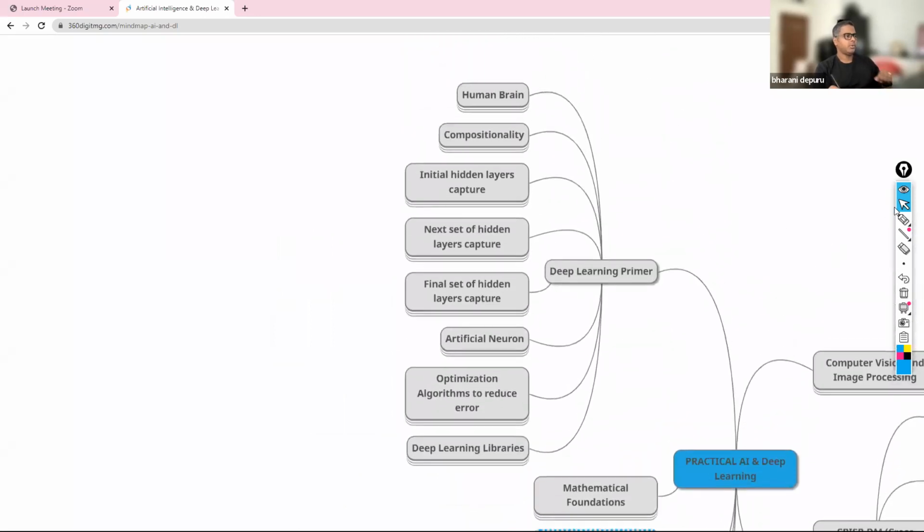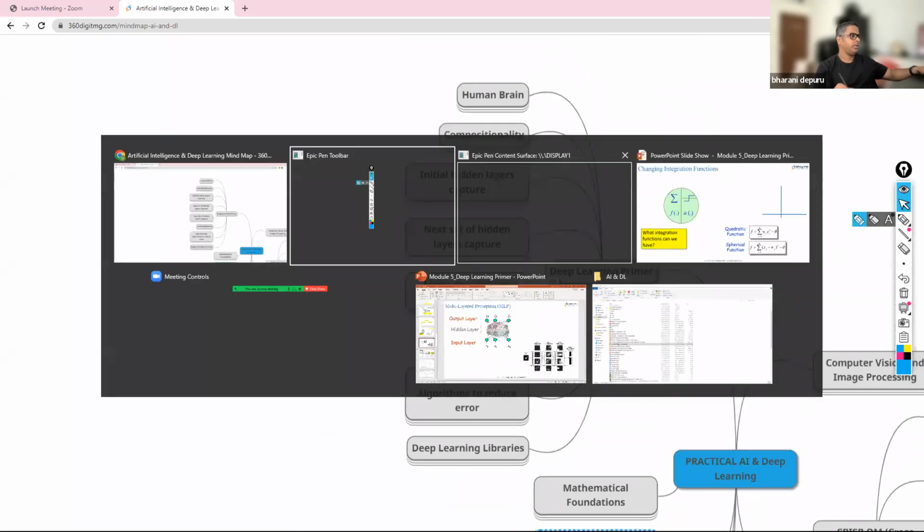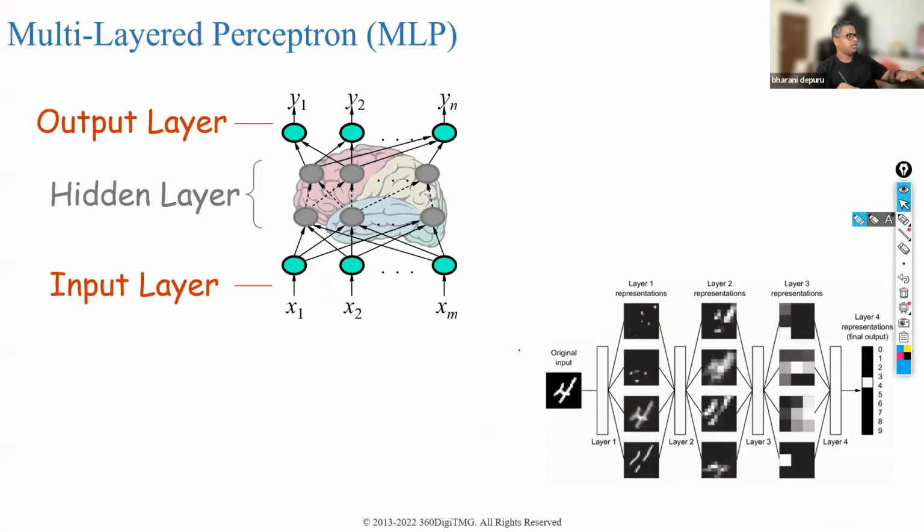Now we need to switch gears and move into the next discussion. We have already discussed the Perceptron algorithm. The Perceptron algorithm can handle linear patterns, linear boundaries.